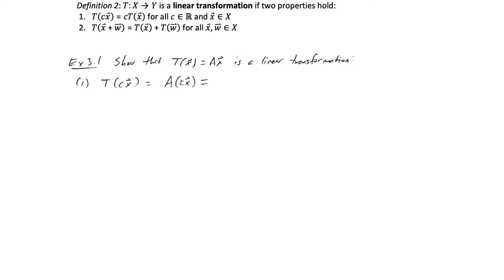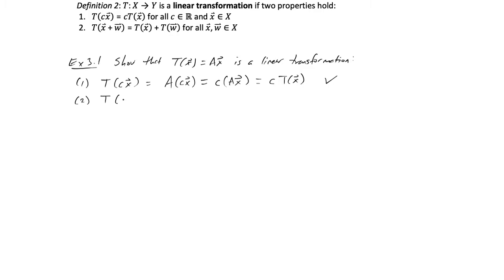We're going to multiply A by c times x. And just using properties of the matrix vector product, we can see that that c can move to the other side. And this is just T of x, so we'll have c times T of x. So it satisfies the first property, that the constant moves out, and you can see that it's happening because that's a fact about matrix vector products.